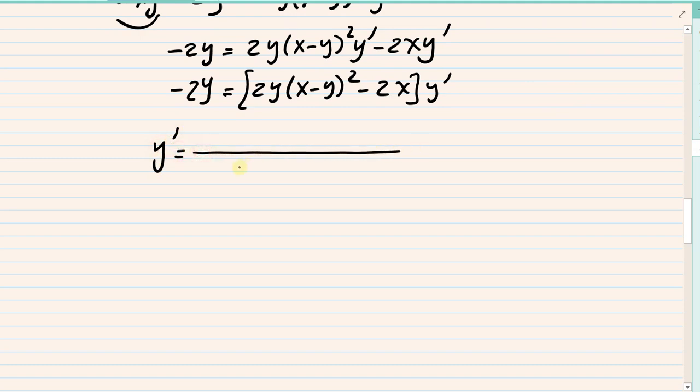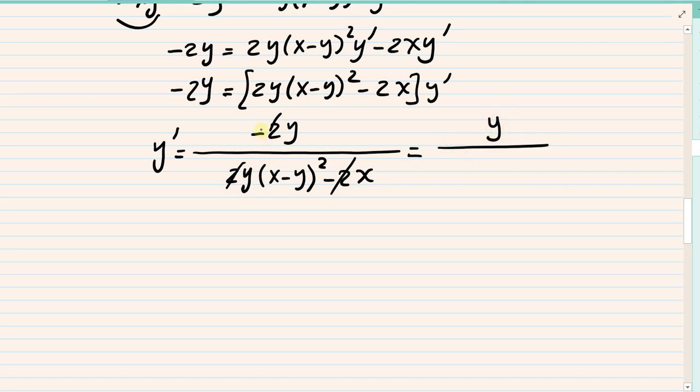divide both sides by 2y times x minus y squared, negative 2x. So it's going to be negative 2y divided by 2y times x minus y squared, negative 2x. And if you factor the 2's out, all the 2's cancel out here, okay? And so we're going to end up with, and then I'm going to move, see the negative in the numerator, let me put a step here.